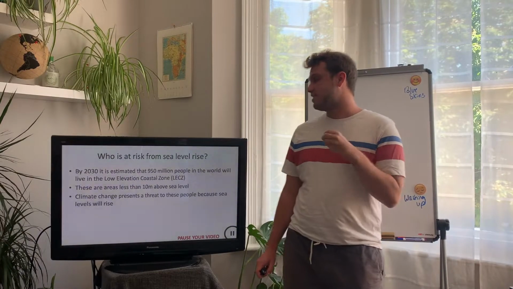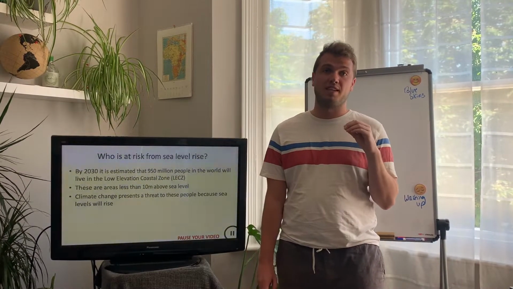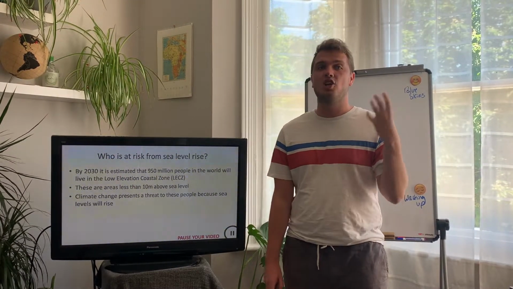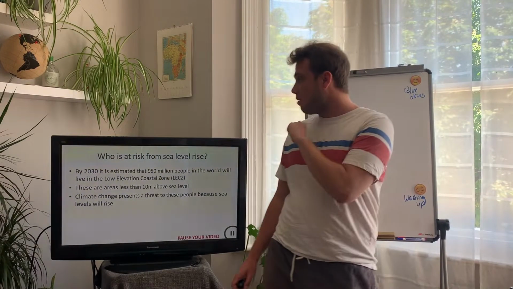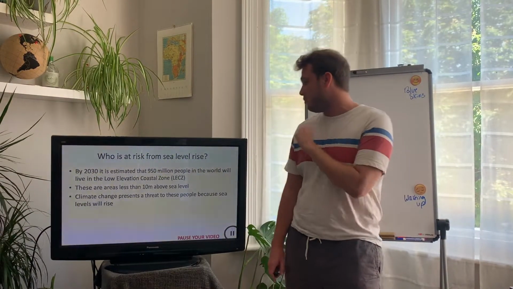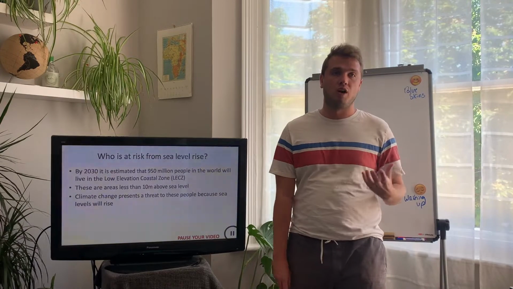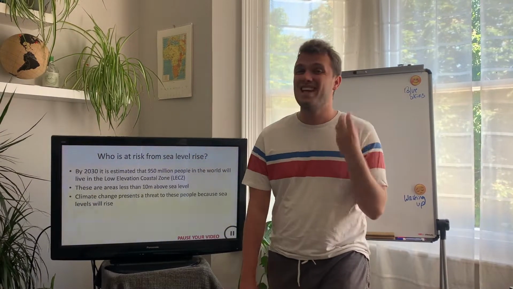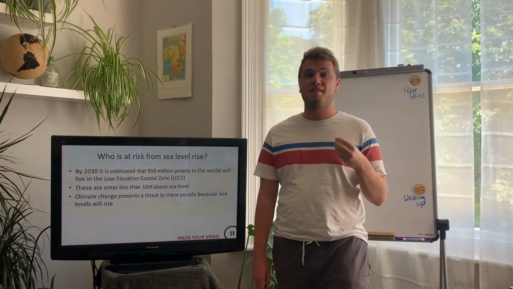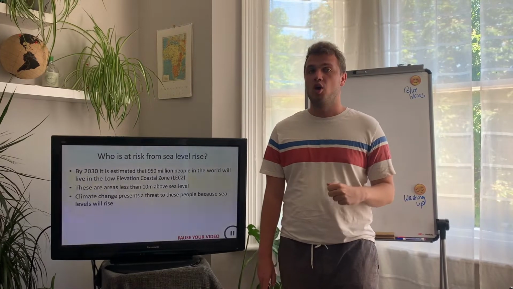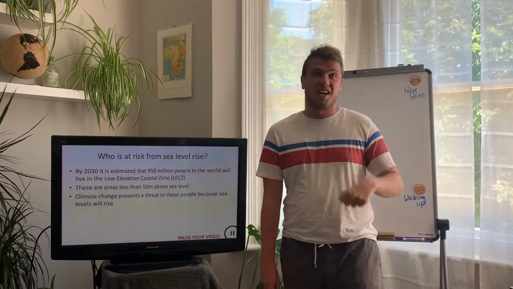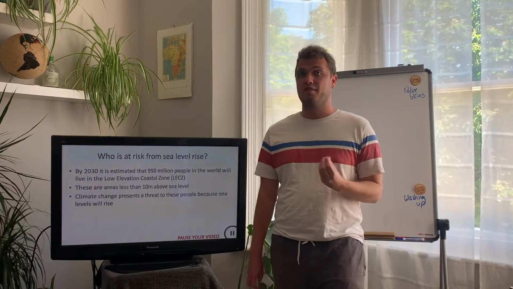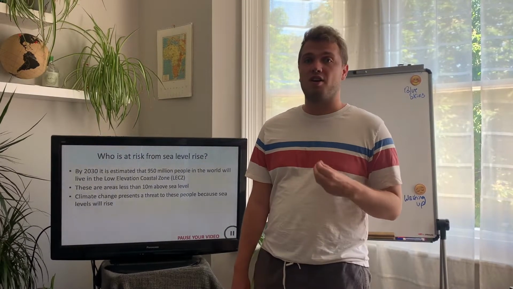And these are areas that are less than 10 metres above sea level, so places that are really, really low down. Climate change presents a threat to these people because the sea levels will rise. So within 10 years' time, there are going to be 950 million people all around the world who are going to be at great risk of losing their homes and where they live due to the continual rising sea level.